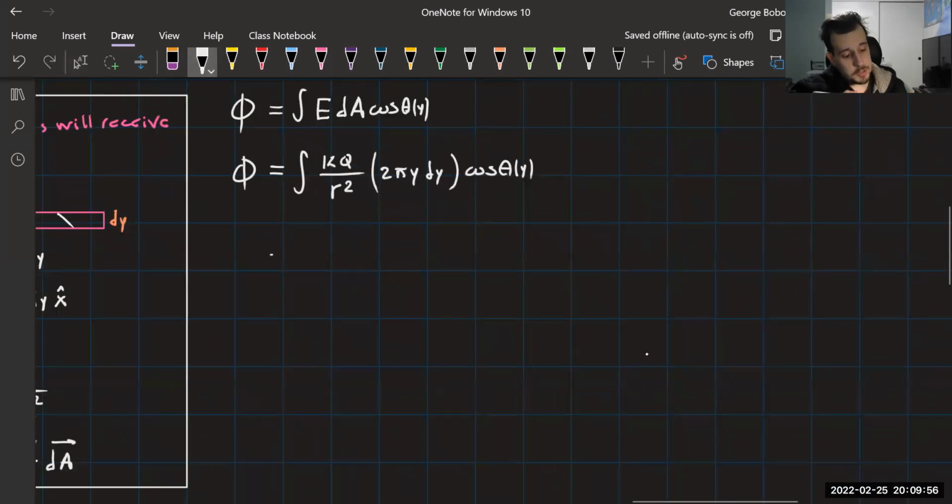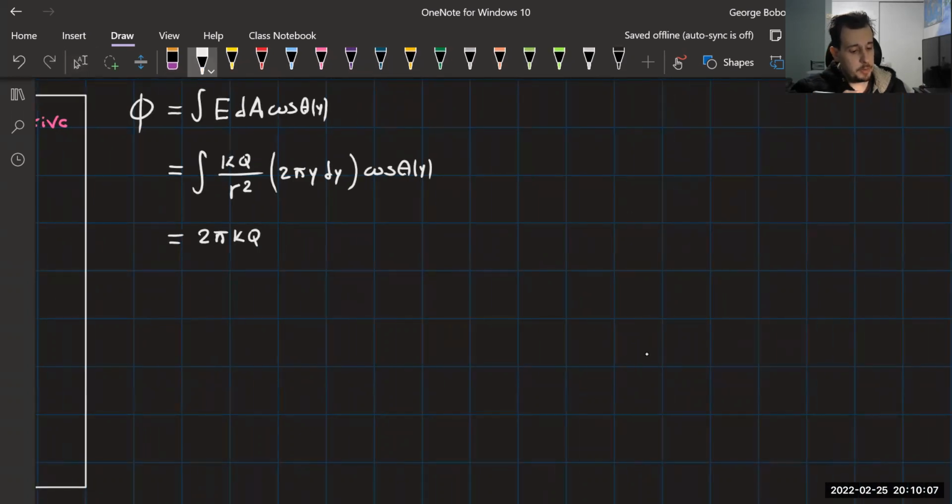So KQ is a constant. It just sits outside. So does the 2 pi. So 2 pi KQ. All right. And then inside right now, I've got a few things going on. So I got y dy over, I'm not going to replace the R yet because this guy's coming in, the cosine theta, which you said is L over R. So we got a little bit of a change here.